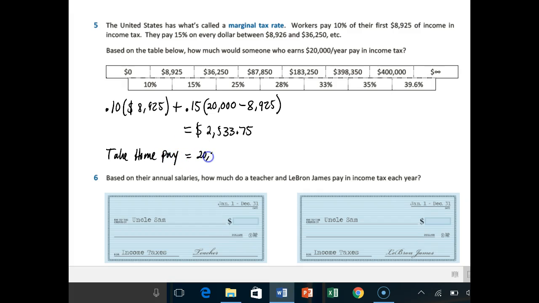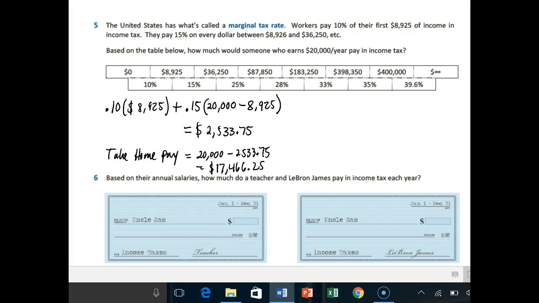It's $20,000 minus 253.75. So what do I actually get to keep and not have to pay in taxes? When I do the math on this, it turns out to be $17,466.25.